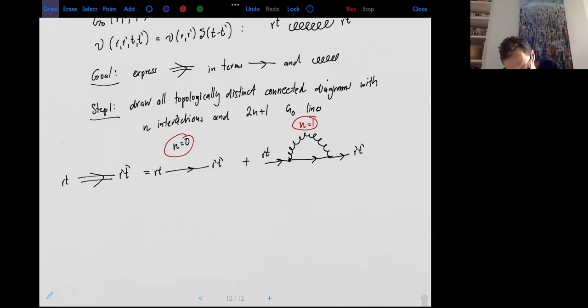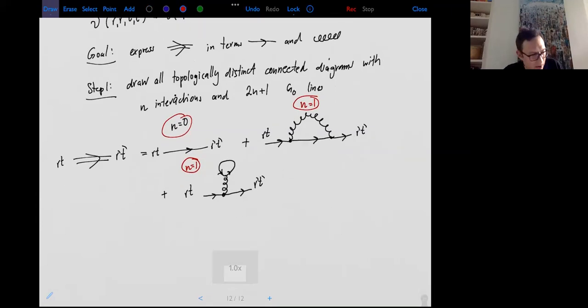But there's another one that looks like this. So again, you propagate, then you emit a photon, and the photon creates an electron-hole pair, which we denote by this circle-shaped bubble. And then the electron continues to propagate to r prime t prime. So that's another n equals 1 process. So these are the first order processes.